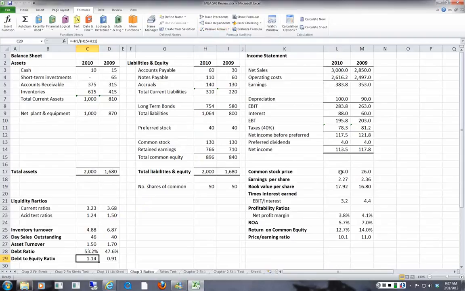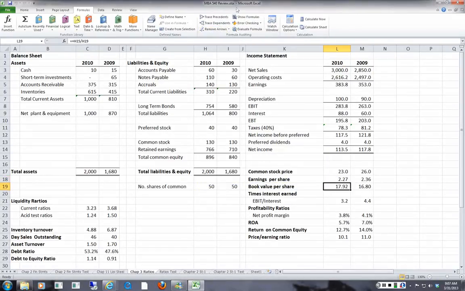Now we've got the common stock price of $23 and $26, and the earnings per share, which takes the net income of 113.5 and divides it by the number of common shares. And that's 50, so $2.27 is the earnings per share.